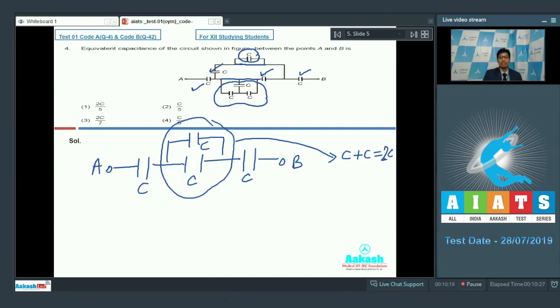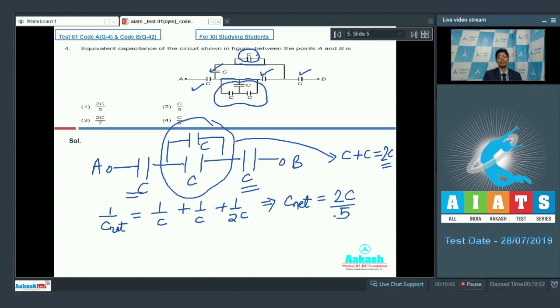Now dear students, we can see that this 2C capacitance, this C capacitance and this C capacitance all are in series. Therefore the net capacitance can be written to be equal to 1 by C plus 1 by C plus 1 by 2C. Solving this equation, we can get that C net to be equal to 2C by 5. Therefore dear students, the correct answer for this particular question should be option number 1.